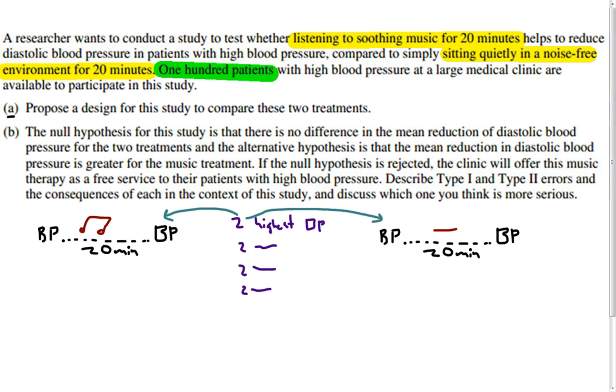So two valid designs that you can do is have every person get tested twice, so 100 people tested twice, different days, and then compare their two scores. Or you can have half of your people do the music treatment, the other half of your people do a different treatment, and because you're blocking and using random assignment, you're going to actually get very valid results from that.